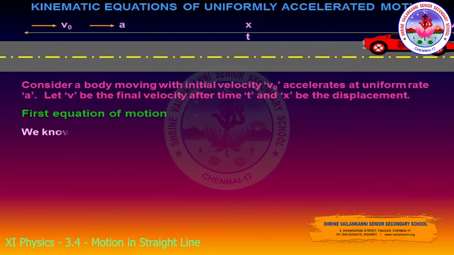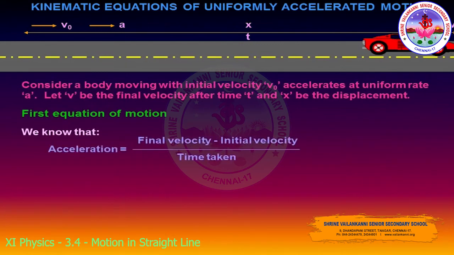Now what is the first equation? We know the formula for acceleration, which is nothing but change in velocity by time taken. Change in velocity means final velocity minus initial velocity.